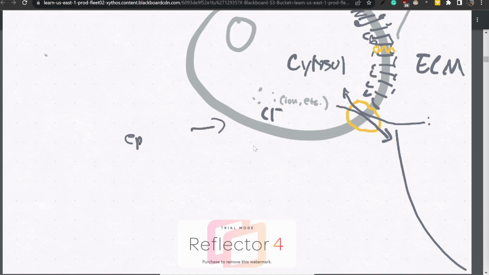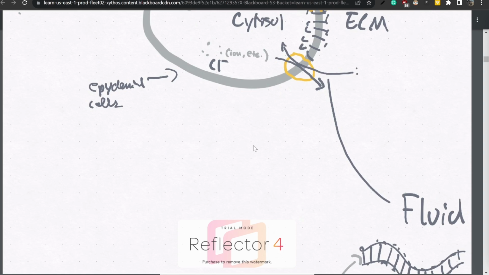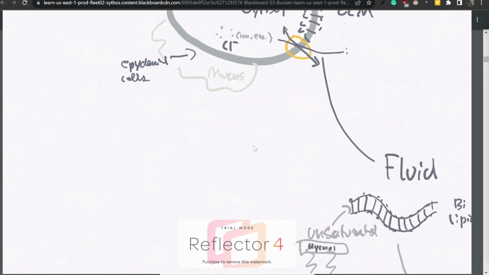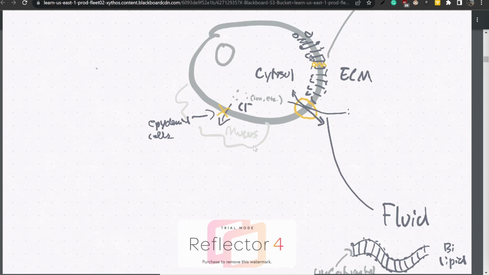So epithelial cells, and these things have mucus on the outside. So yeah, they got mucus out here. And this stops chloride ions from exiting, and it is really bad for the cell. Bad. Now, I think that's a lot of what I remember.